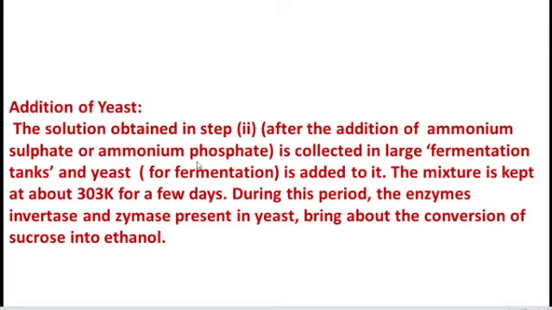So, at the end of the second step, we get the solution. After the addition of ammonium sulfate or ammonium phosphate, this solution is collected in large fermentation tanks and yeast is added. The mixture is kept at about 303 Kelvin for a few days.